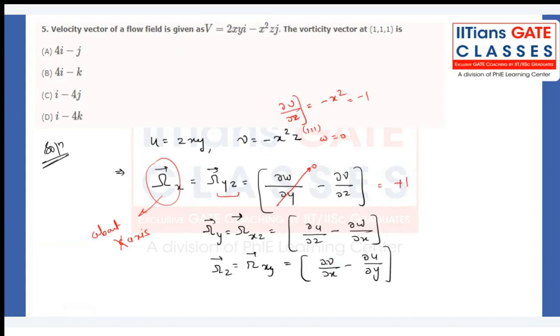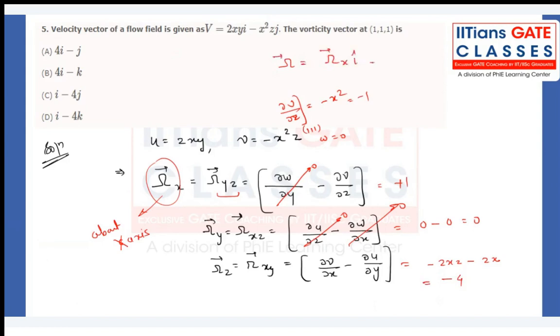What about the vorticity about the y-axis? Dou u by dou z, that is 0. That is 0. So total 0. Because this is 0, this is 0. Dou v by dou x, that is 2xz. Dou u by dou y, 2x. So what can you write? Minus 4. So finally, what is the vorticity vector?